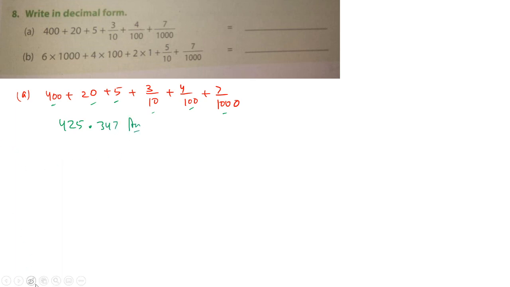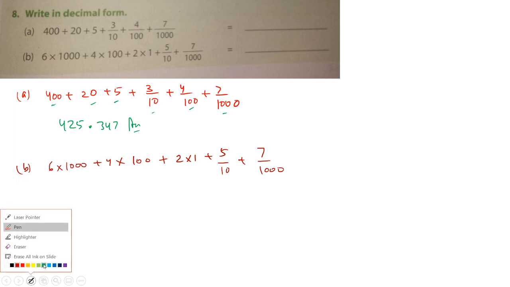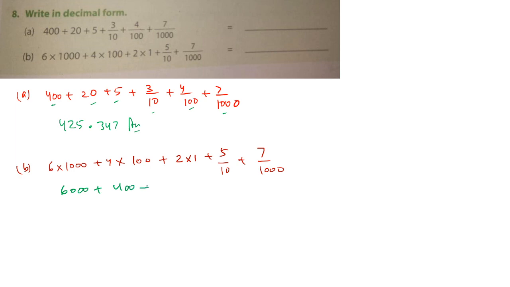And in B part, 6 into 1000 plus 4 into 100 plus 2 into 1 plus 5 upon 10 plus 7 upon 1000. Okay, so you will write it 6000 plus 400 plus 2 plus 5 upon 10 plus 7 upon 1000. Now this will be 6400.